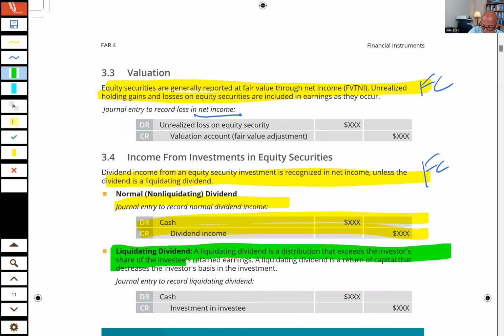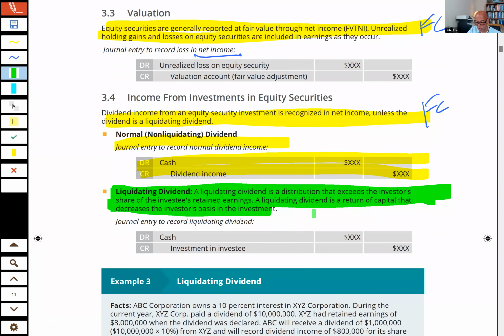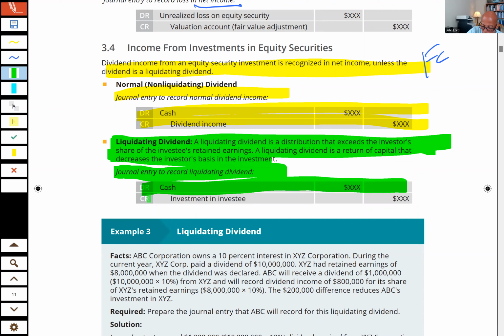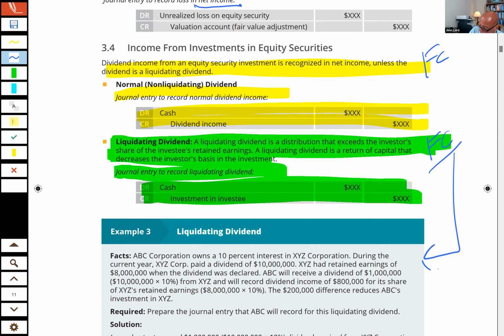If the situation occurs that the dividend exceeds the company's share of the investee's retained earnings, the difference will actually reduce the investment account, because they're considering that as though it is a distribution, a return, if you will, of your original investment. Okay, so flashcard that, but let's just take a look at this example.